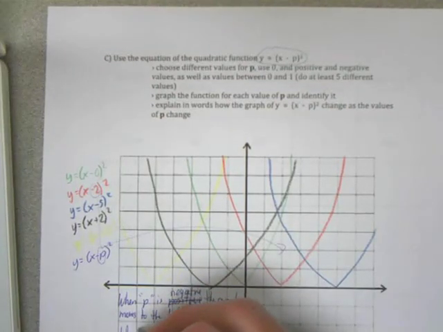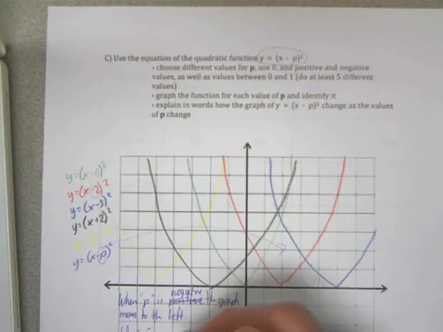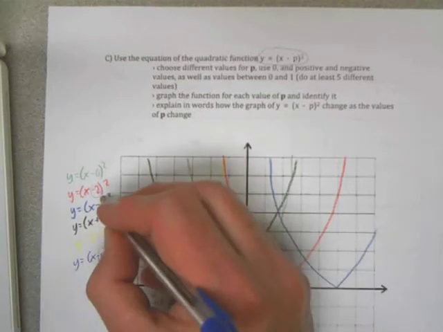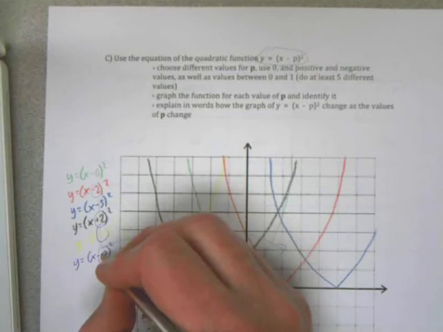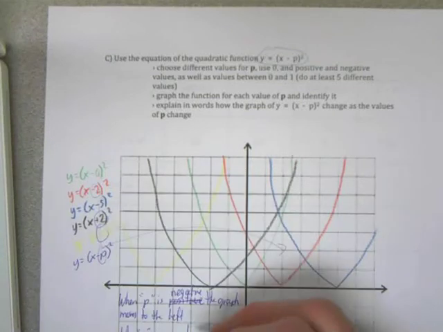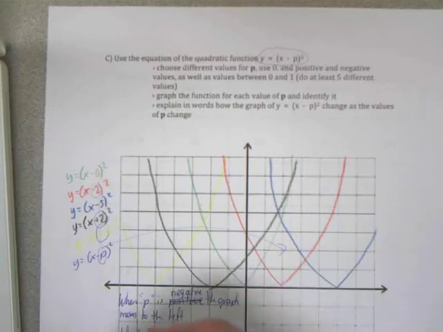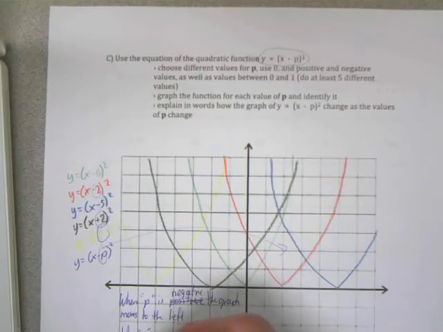When p is positive, so that's positive here, and it's supposed to be negative, so I brought in a negative number, the graph moves to the right.